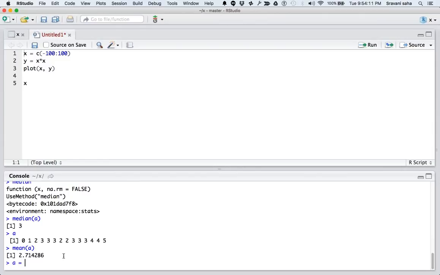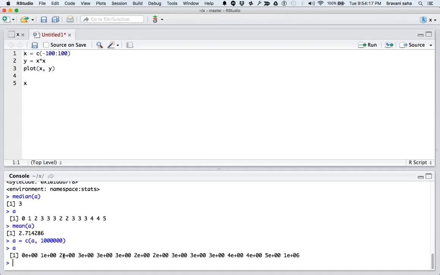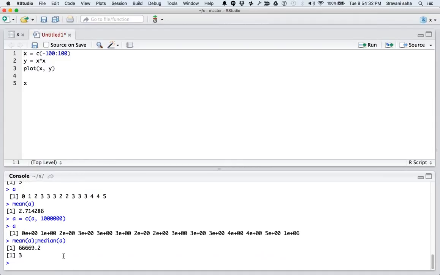Now what if A got appended by this big data? When we say mean of A and then median of A, you can see that just because we added one stupid value, one outlier, it changed everything.